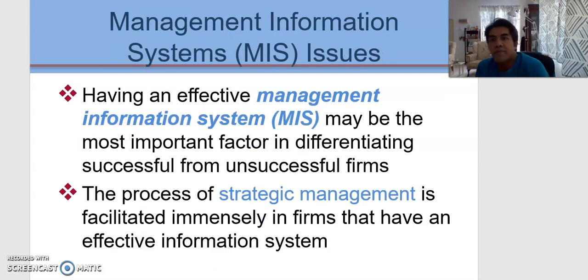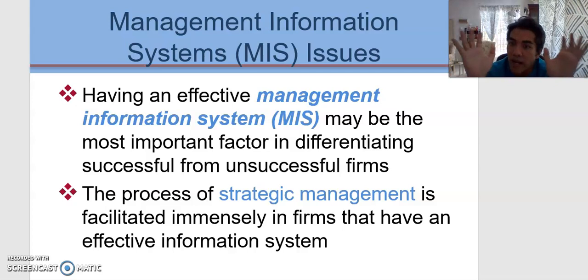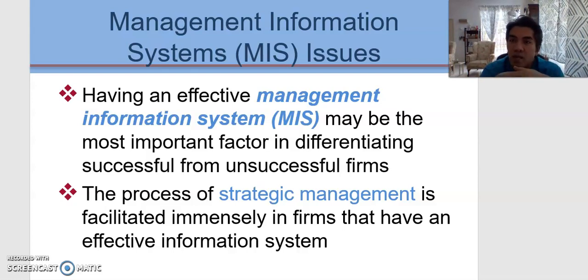And finally, we talk about management information system issues. Having MIS may be the most important factor in differentiating successful from unsuccessful firms. During this era, with the pandemic and whatnot, having a good MIS is very important. A friend of mine whose family has a business in the wet market, selling chicken, almost closed down their business because at the beginning of the PKP there was no sales.